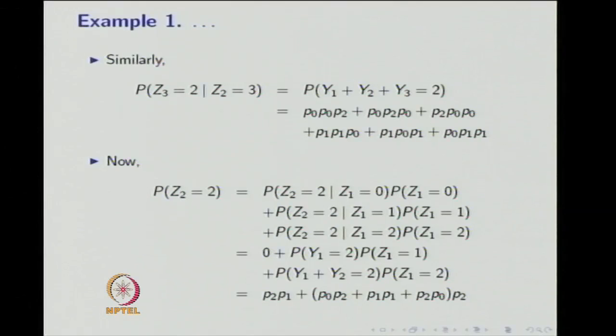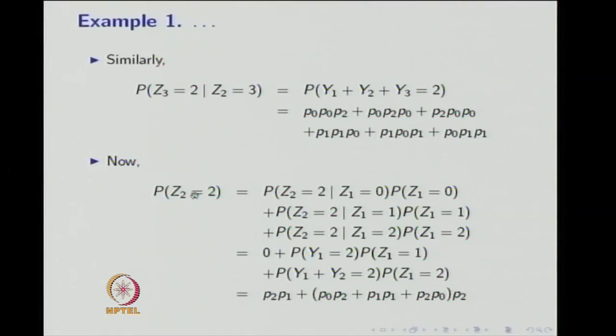Similarly, one can find the probability of Z3 equal to 2 given Z2 equal to 3. That is possible when y1 plus y2 plus y3 is equal to 2. So, for the probability of y1 plus y2 plus y3 equal to 2, we have 6 possibilities. Substitute the values of P0, P1, P2, and you will get the numerical value of this conditional probability.